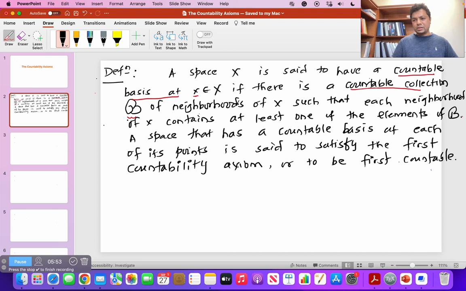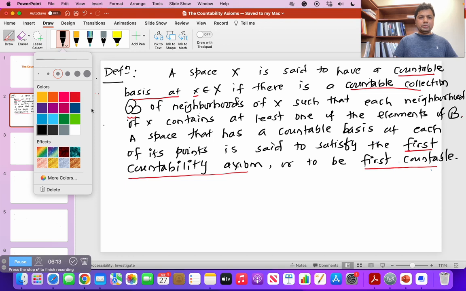If the space has a countable basis at each point of that space, then that space is called a first countable space, or we say that the space satisfies the first countability axiom.